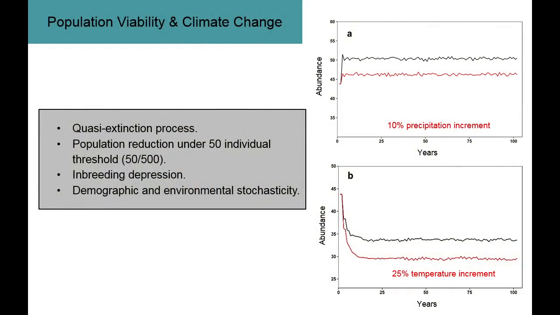For example, if we increase the precipitation or temperature, in both cases, at least this population of Huemul that is located in the southern part, where is the best possible option for the animals, is going to a quasi-extinction process, below 50 animals for this population. So they can suffer all these different things that happen with small populations.